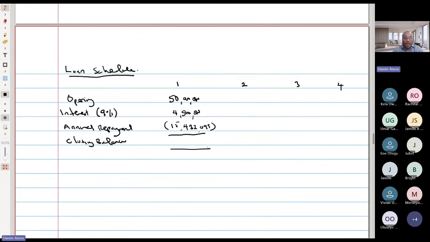I have 50 million plus 4.5 million minus our annual equal repayment of 15,432,099. That gives us a closing balance of 39,067,901.